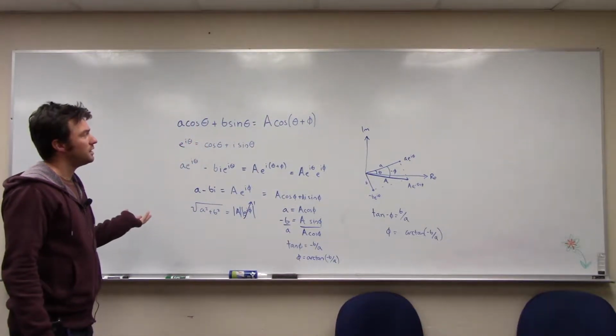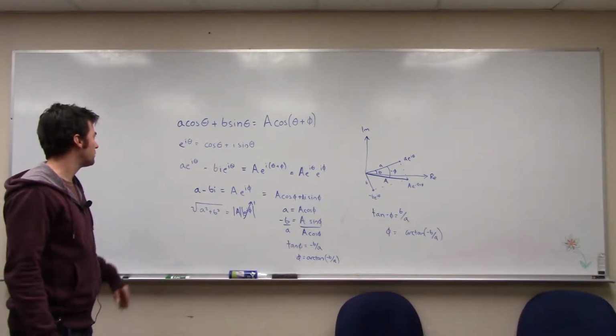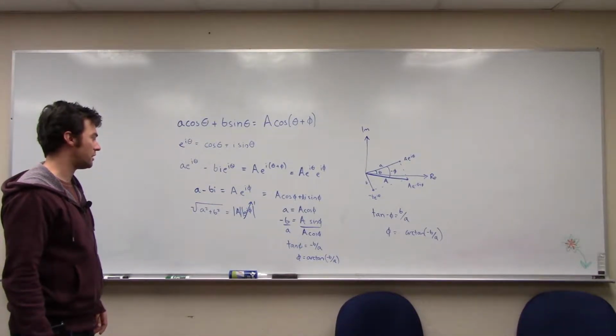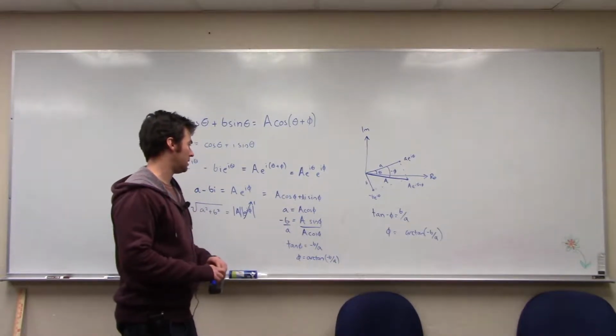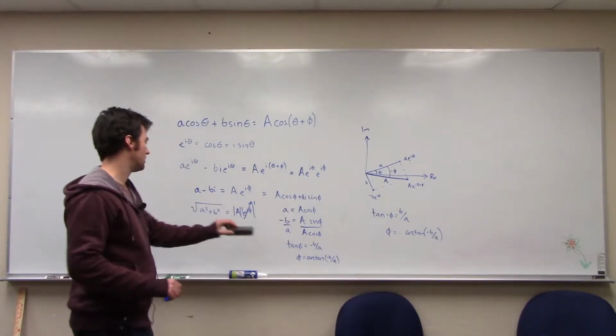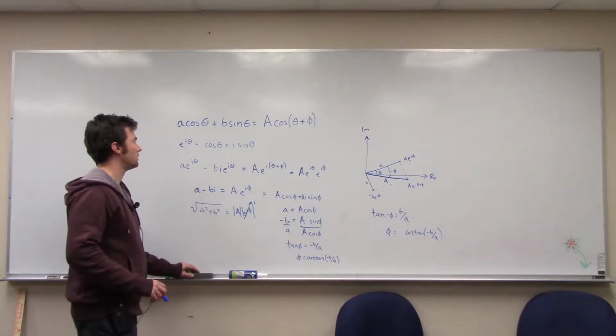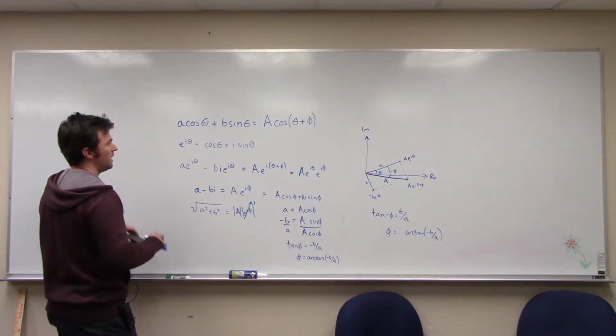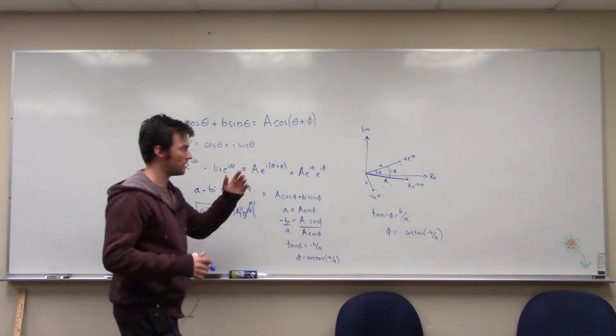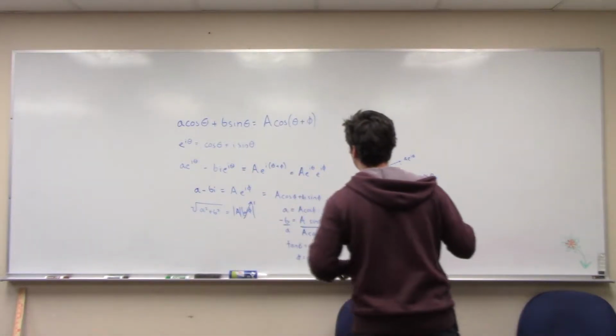We can get similar identities. There's a whole lot of them. So let's go ahead and write this out. I'm going to go ahead and erase a little bit. Let's see. Actually, let's just write this identity off to the side here.